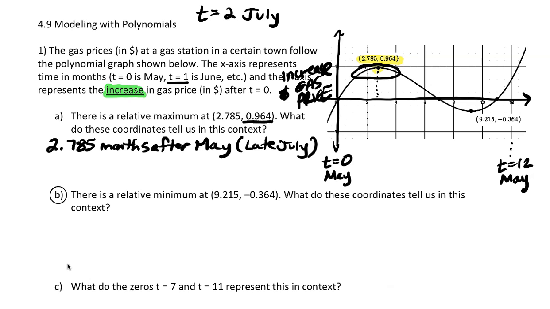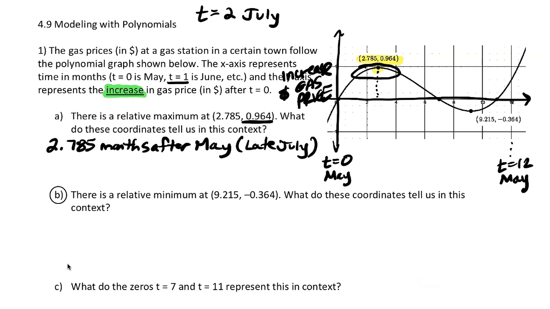We have this value, and that's the increase in gas price at a certain gas station in a certain town. And we don't know how much the gas actually costs. The gas does not cost 96 cents a gallon, but that's the increase.